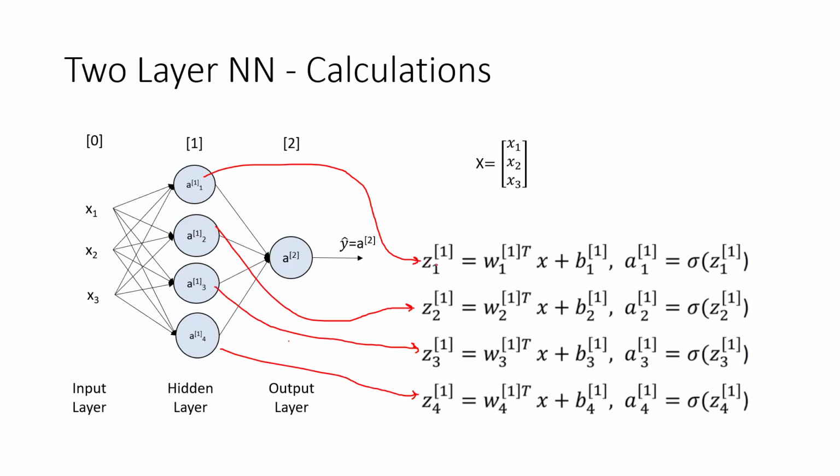So what we do here is we take the weight vectors of the first layer and take the dot product of it with the input. And then we add B11, which is the bias of the first layer's first neuron.